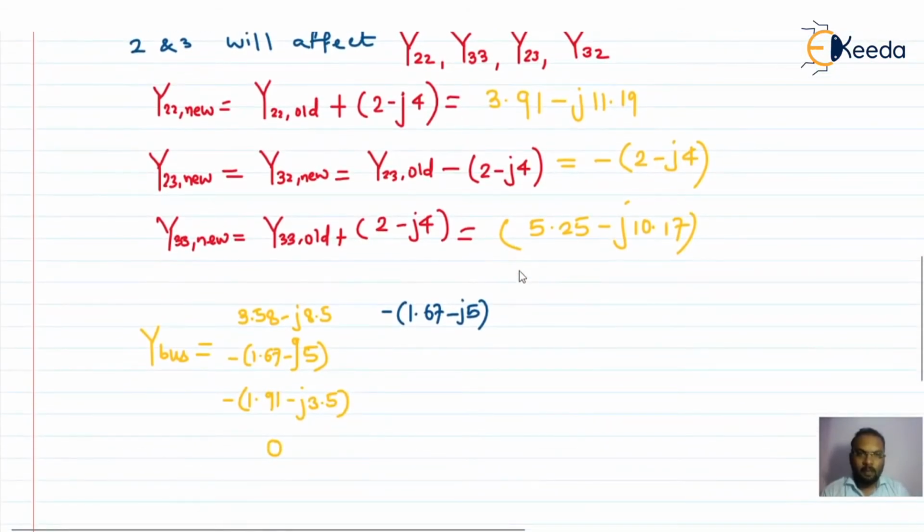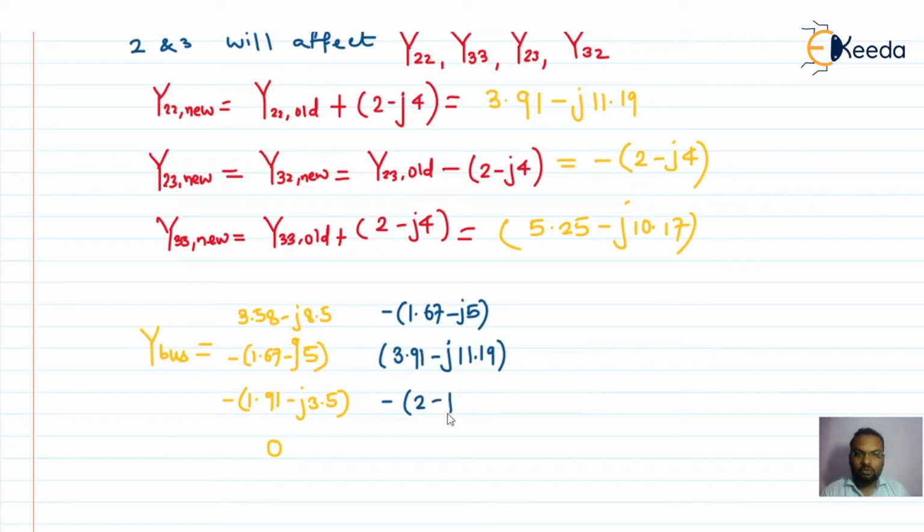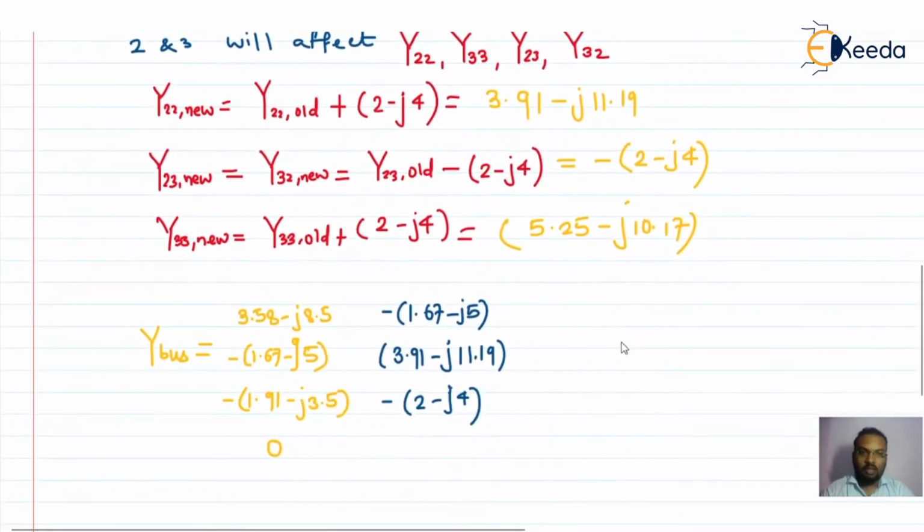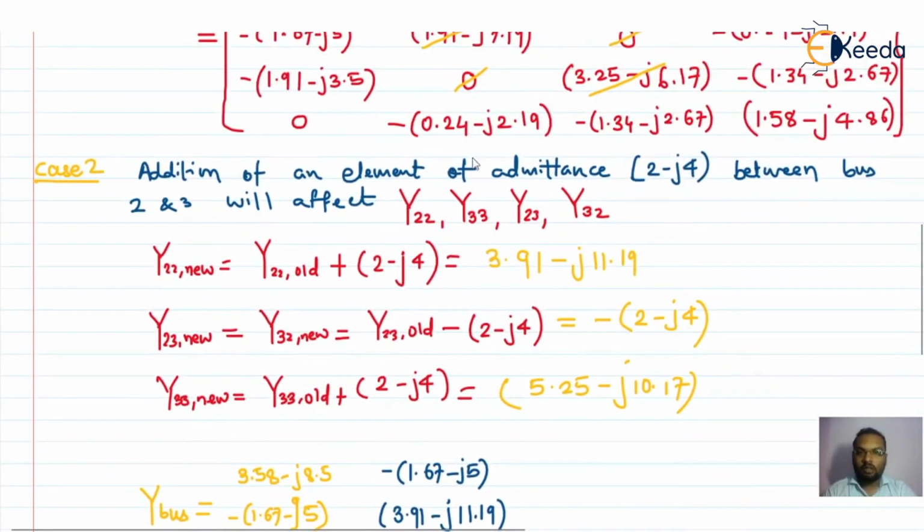It will be 3.91 minus j11.19. Then y23, earlier it was 0. Now it will become minus of 2 minus j4. Because it was 0 here and we are modifying it, the minus is outside the bracket and inside the bracket is 2 minus j4. This value is not going to change.